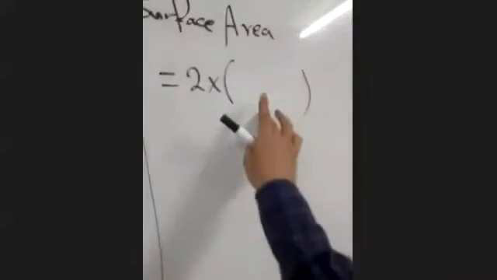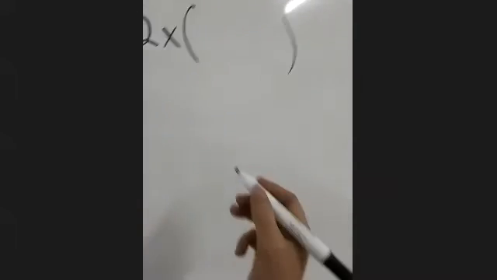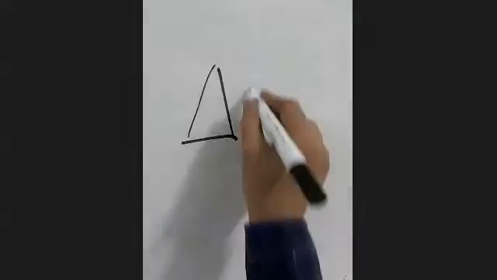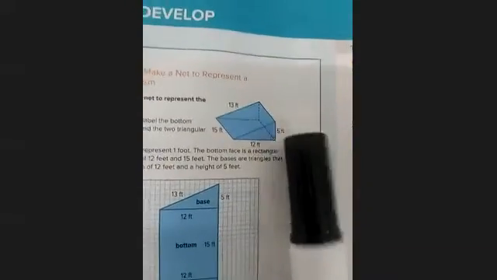So here, let's go to the triangular prism and find the area of the triangle. And we know that the area of the triangle is half base times height, right? Let's see the triangle which is in front of us. We have base 12 and height 5.